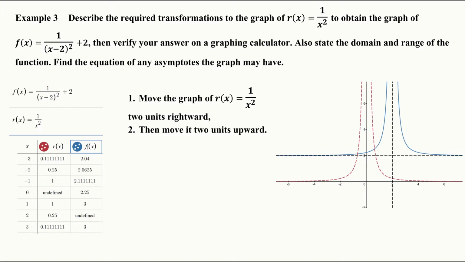Notice that f of x is going to be r of x minus 2 plus 2, right? Because notice if r of x equals 1 over x squared, what is r of x minus 2?